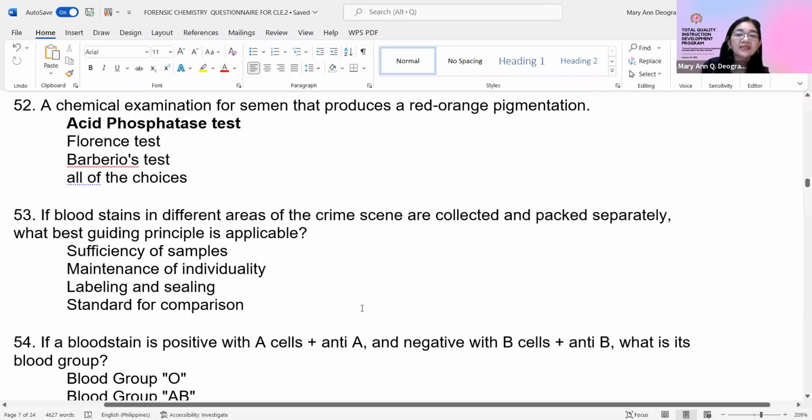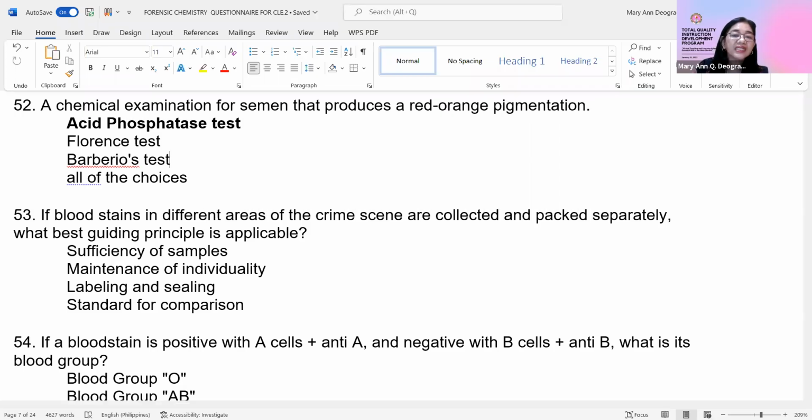Anong sagot natin? Anong guiding principle ang fina-follow natin pagka pinack natin individually or separately yung mga blood stains?